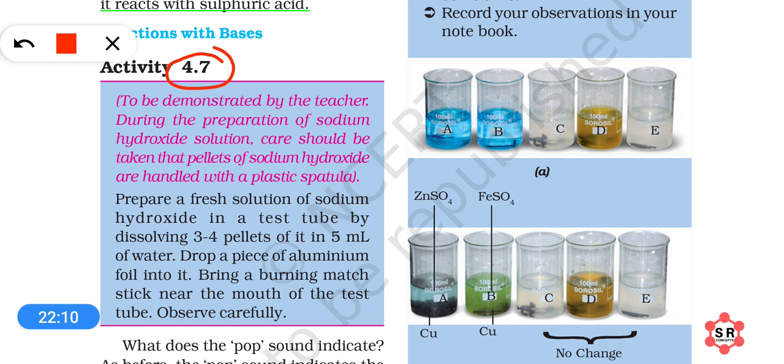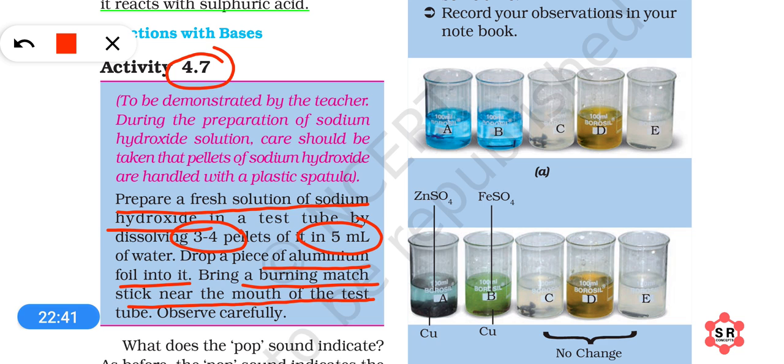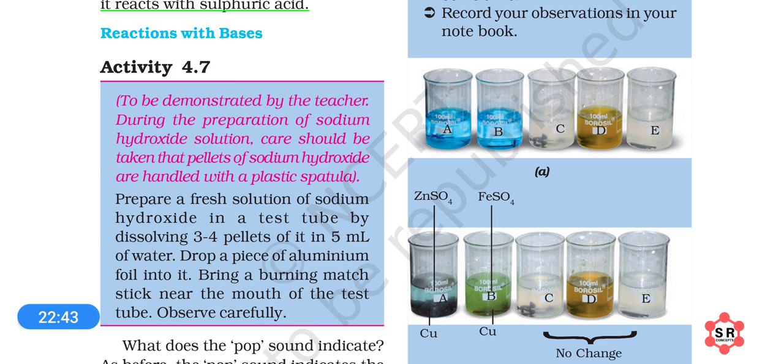We will prepare a fresh solution of sodium hydroxide, which is a very strong base. We'll take 2-3 pellets of sodium hydroxide and mix them with 5 ml water so that a solution of sodium hydroxide is formed. Now we will drop a piece of aluminum into it and bring a burning matchstick near the mouth of the test tube and observe carefully.